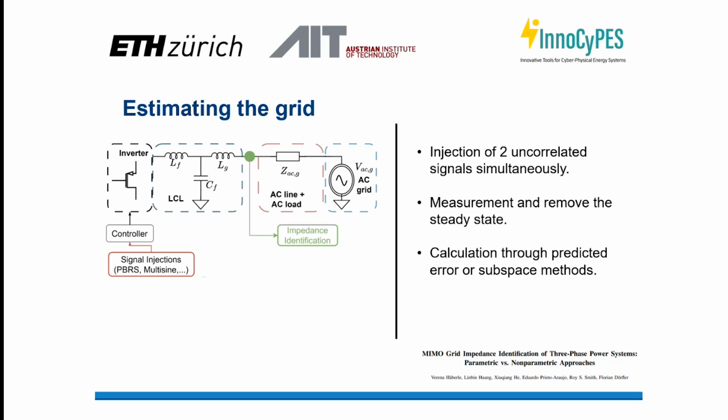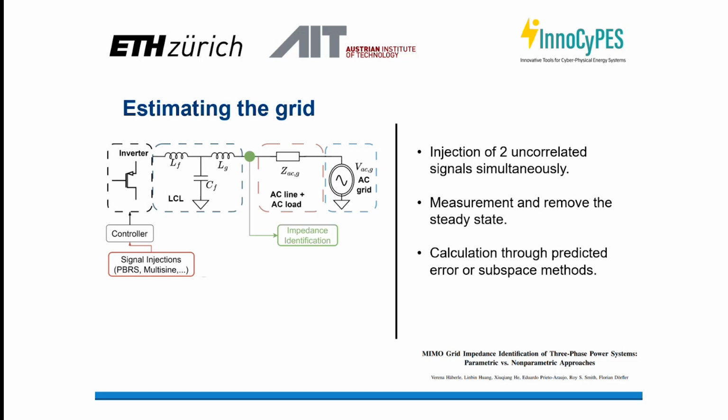Then you measure the input and the output at the PCC, the point of common coupling, and it will give you a model, an estimator of the grid. Depending on how you calculate the model, it will be good or not that good, but it will give you a representation of where you are being connected.